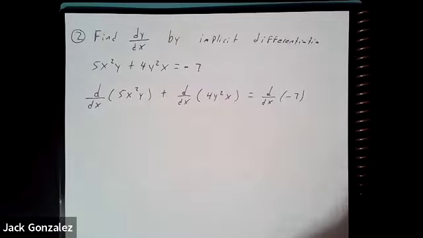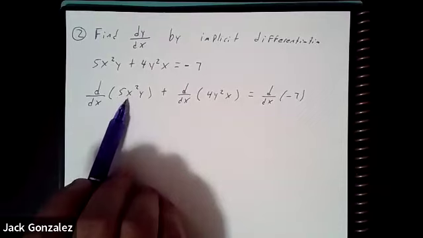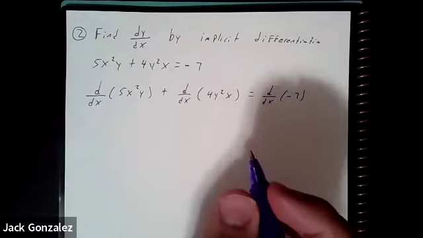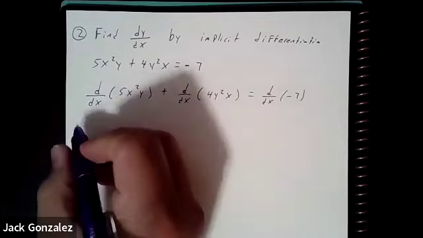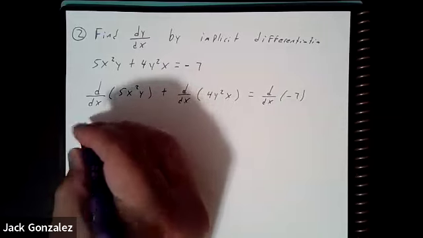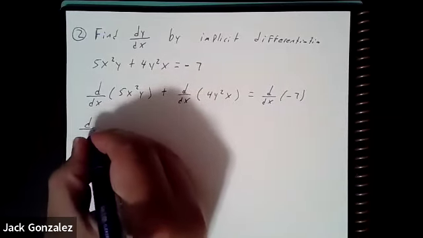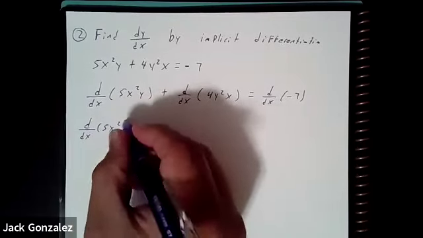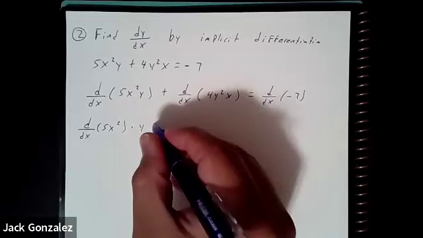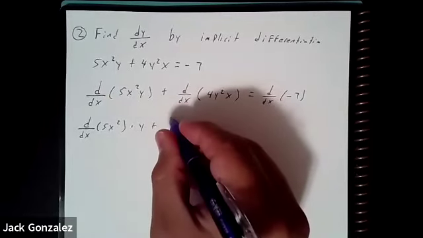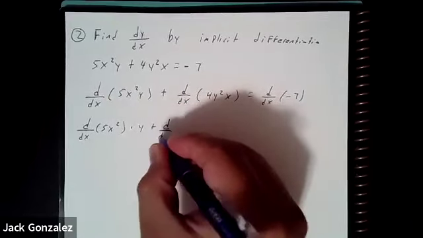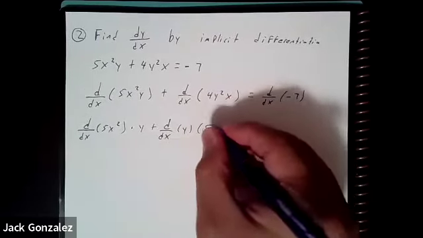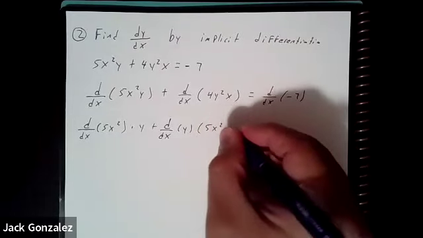Excuse me. So notice this is a product rule, right? So this will be the derivative of the first piece times the second piece, plus the derivative of the second piece times the first piece here.